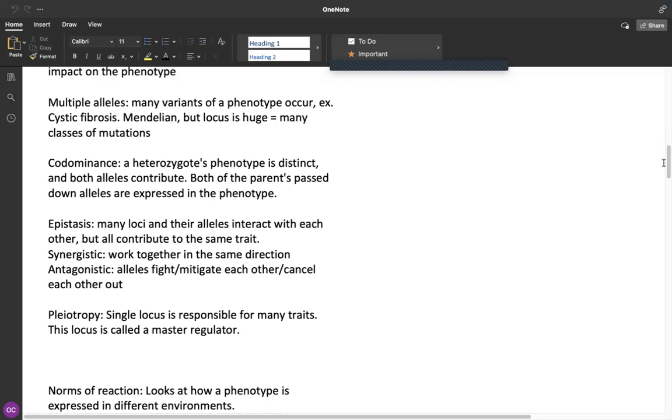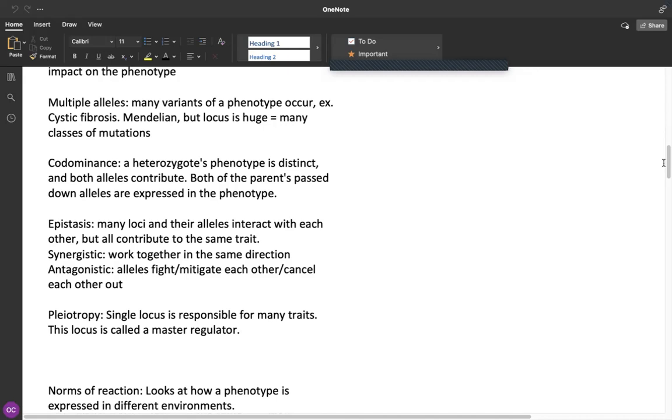Multiple alleles. This is where many variants of a phenotype can occur, which is a pretty general definition. So if you can remember the example here, which is a pretty good example of what multiple alleles means. The example is cystic fibrosis, which as we've learned is Mendelian, but the locus is very large.